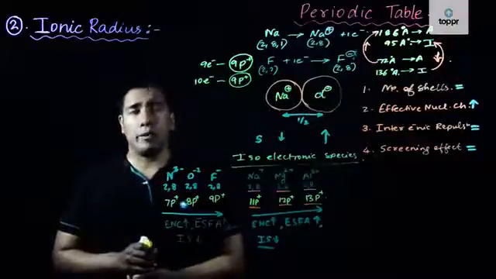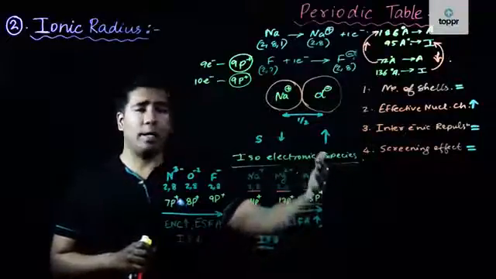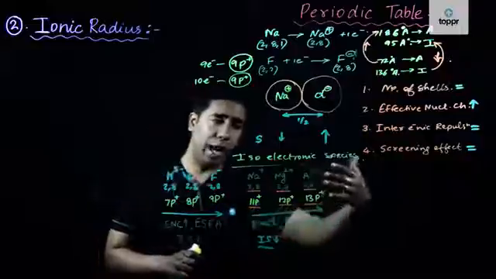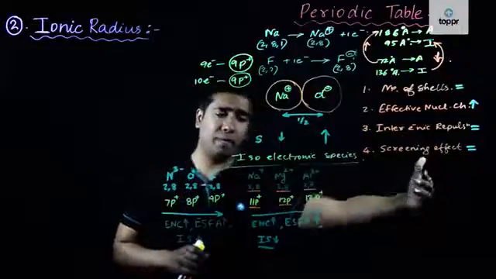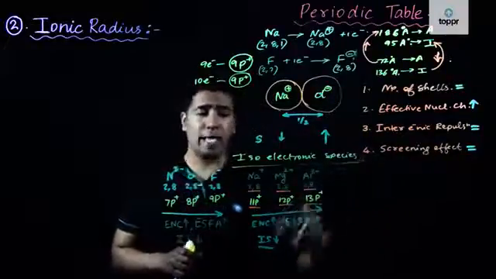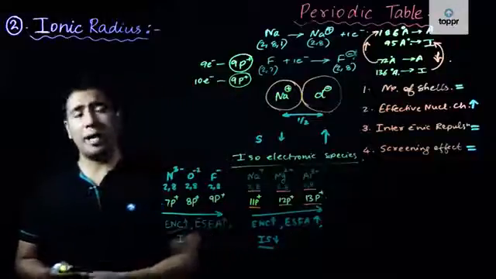If you require, we can also talk about the ionic sizes of the ions which are present in the same period, as in the case of sodium, magnesium and aluminum.